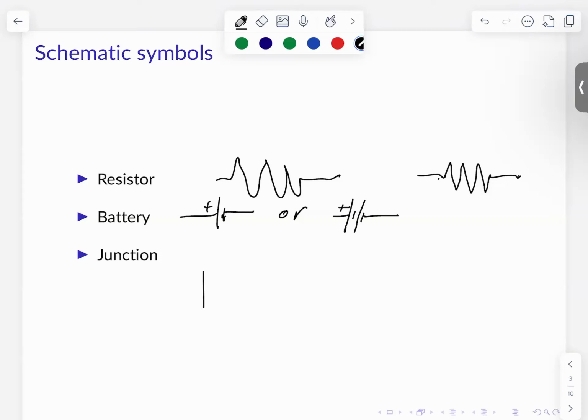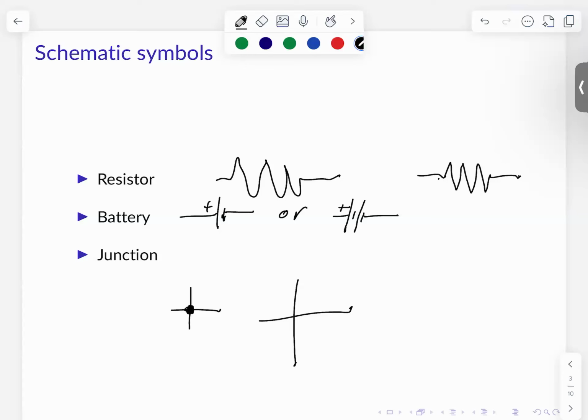Junction. Even the examples that I lifted out of the textbook to show you in the next couple of slides don't do this. I want you to do this because in my experience, this really helps when learning Kirchhoff's current law. This is a junction.